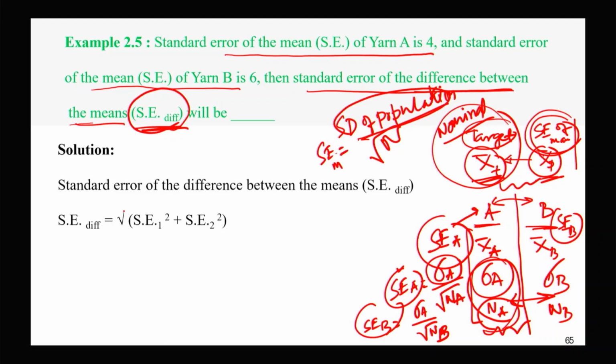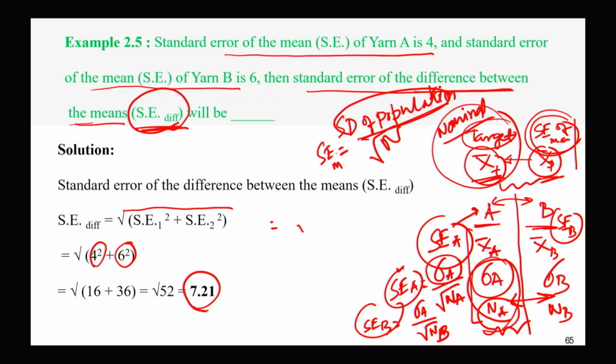It's the square root of SE1 square plus SE2 square, and it's nothing but the square root of 4 square, 16, plus 6 square, 36. So the standard error of difference will be 7.21.